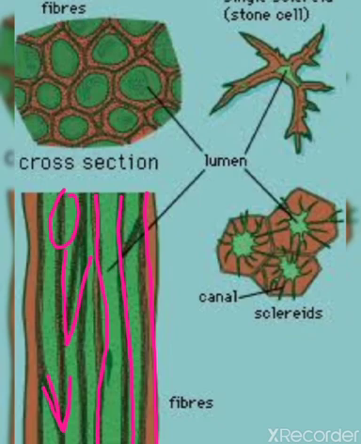One is sclerenchyma fibers and sclerids. Clear children? Sclerenchyma tissue provides mechanical strength to the stem. It gives strength to the stem. Second, this tissue consists of two types of cells. One is sclerenchyma fibers and the second one is sclerids.